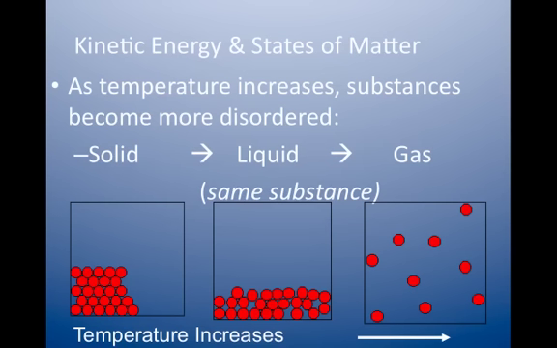The liquid, again, those particles are moving quick, and then at some point they begin to vaporize and go from a liquid into a gas. And so that transition of solid, liquid to gas, the temperature will increase for the same substance as you go along.